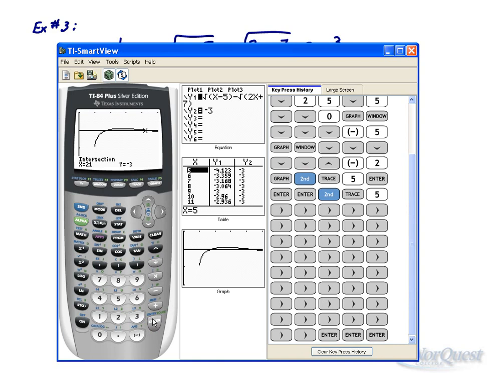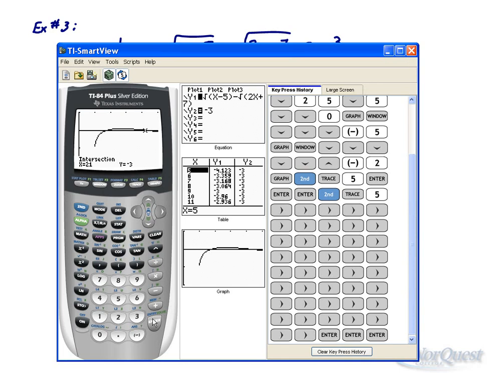Now the moral of the story here with this type of intersect feature is even though it's a little easier to punch in because you don't have to set boundaries, you generally have to work with your window settings a little bit more using this method. So students that tend to find setting windows quite easy tend to like to use the intersect feature.